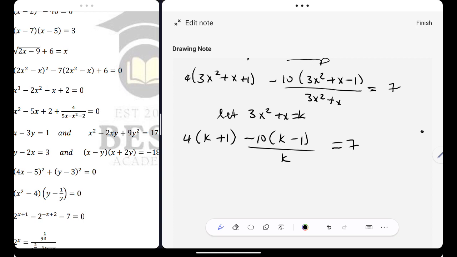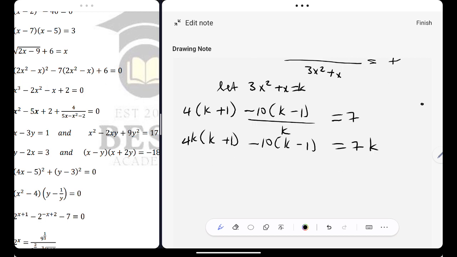Now I can multiply everything by the LCD. I'll have 4k times k plus 1, minus 10 times k minus 1, and here I'll have 7k, because I multiplied everything by the LCD.